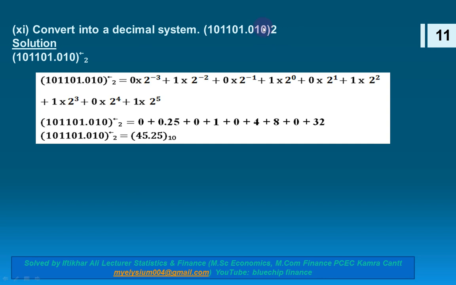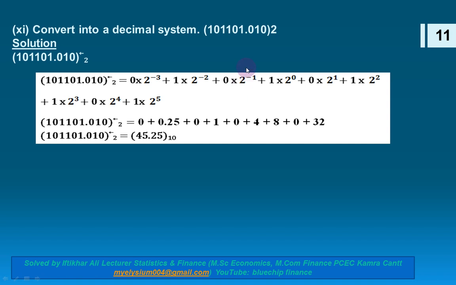We can say that minus 3, minus 2, minus 1. So 0 multiplied by 2 raised to power minus 3 plus 1 multiplied by 2 raised to power minus 2 plus 0 multiplied by 2 raised to power minus 1.